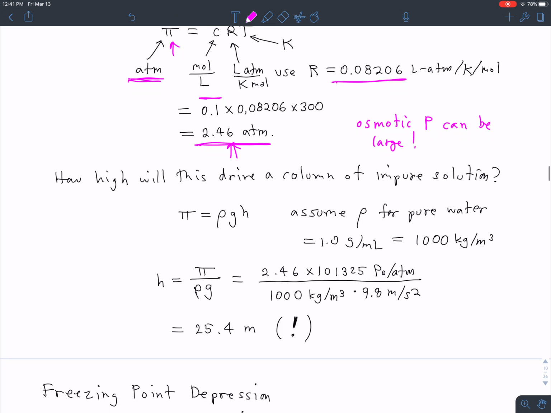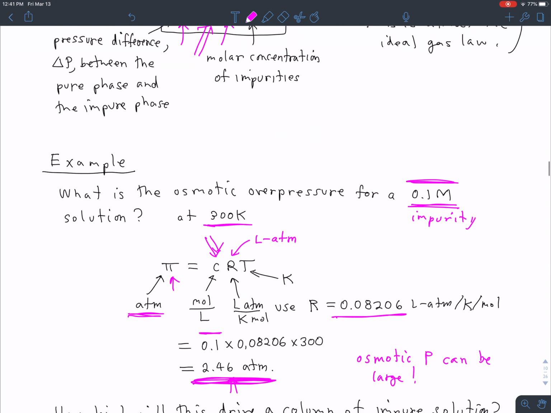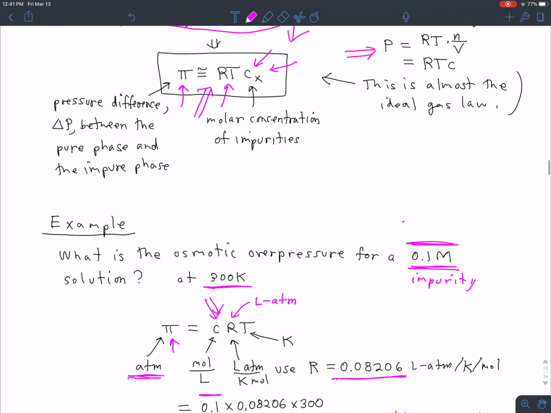And in this case, I want to use it in reverse. I want to say, given that I know the pressure difference, how high is this height difference? Especially, for example, if I have a tree, and let's say the sap in the tree has a 0.1 molar concentration of impurities. Again, it doesn't matter what the impurities are. It's a big mixture of stuff, but that's all right.